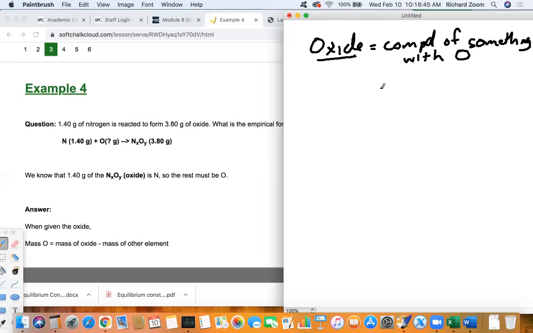An oxide is not oxygen by itself. That's the whole point. If I was saying oxygen by itself, I would have said oxygen. An oxide is a compound that includes oxygen.